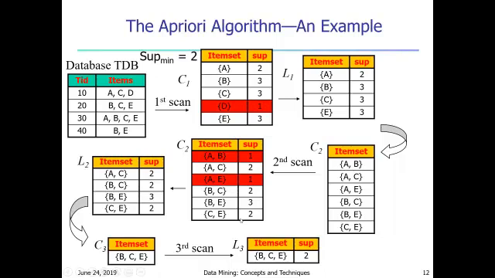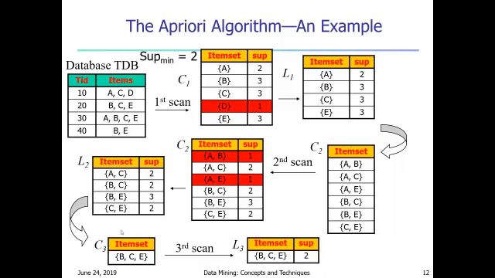Out of these, we can see AB has a support of 1 and AE has a support of 1. That means AB and AE are infrequent. So we remove AB and AE, and in L2 we can see the qualified item sets, and there are 4 item sets.